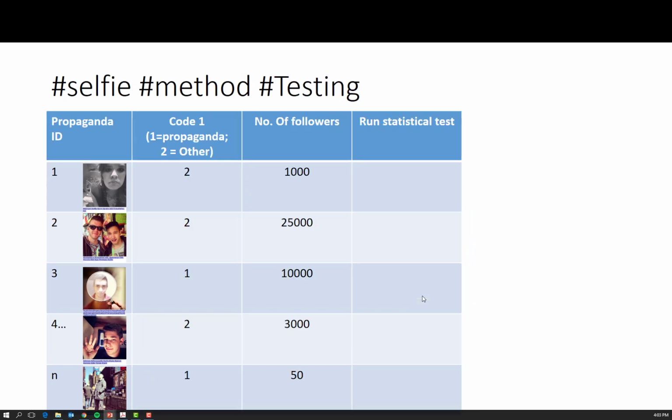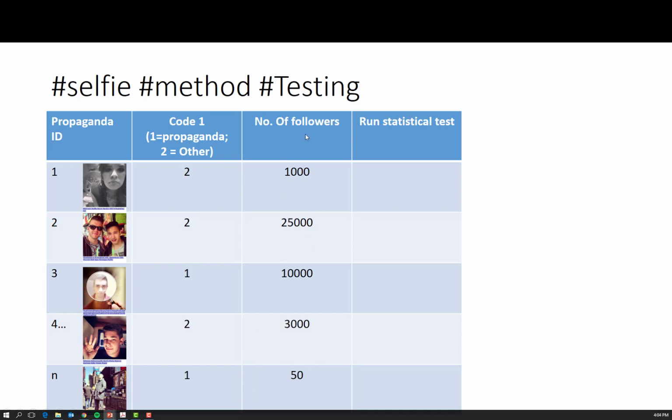So we take this reliability test and we would then use a different data set. I have it here because getting images into PowerPoint is a pain, but we would then get propaganda versus non-propaganda selfies, and we would get a code for whether it was a propaganda or other. So this is an other, propaganda, other, propaganda.